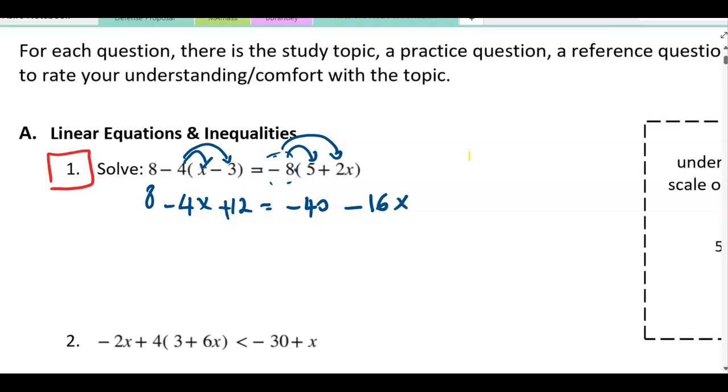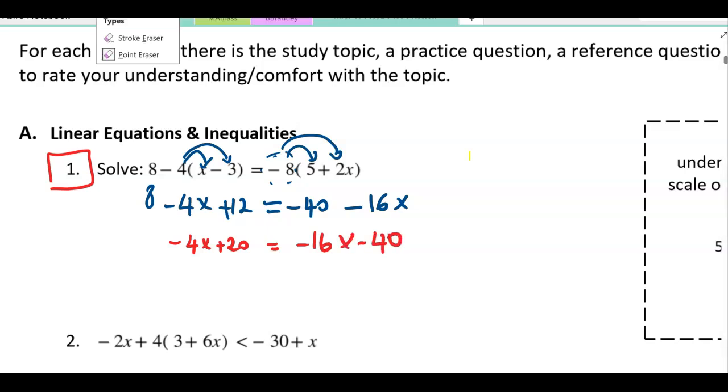Okay, it's too big. And here we go. So combine like terms here. 8 plus 12 is 20, so negative 4x plus 20 equals negative 16x minus 40. I always like to see x as the first term.